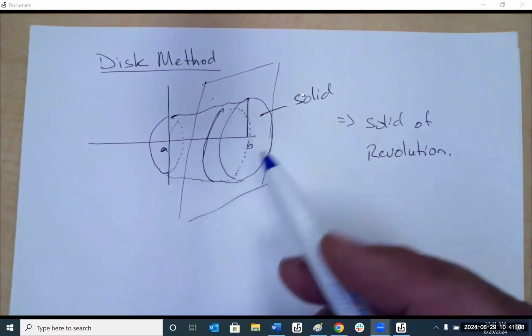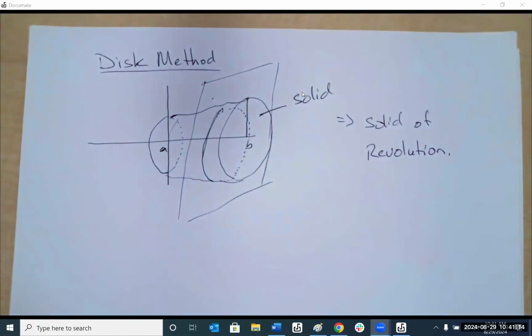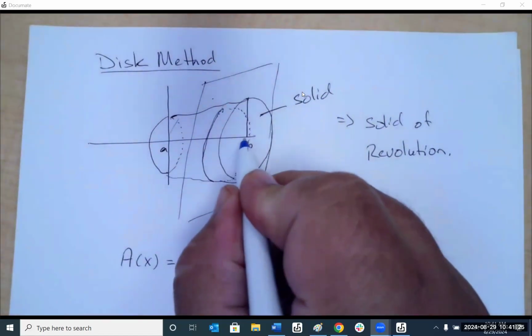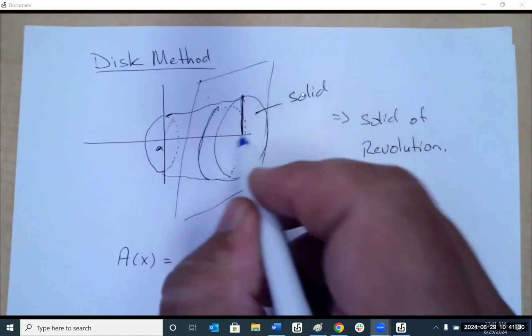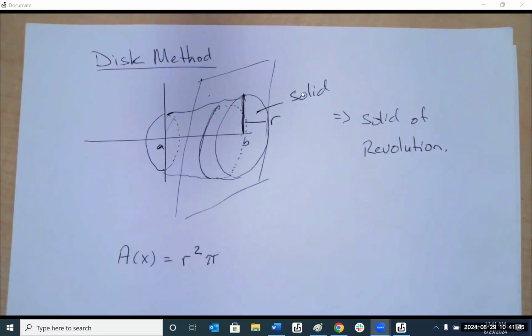The area used to be, if we remember before we rotated it, simply that two-dimensional object. Since it's a solid of revolution, this thing creates a circle, so we have some radius. And since it's rotated about an axis, we multiply it by pi because it's a disk. It's a circular disk we're creating.